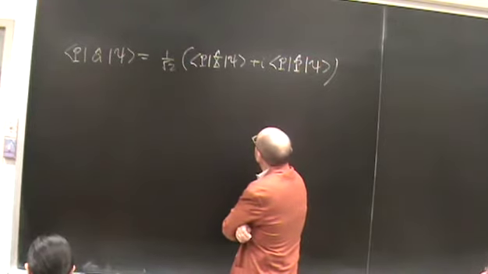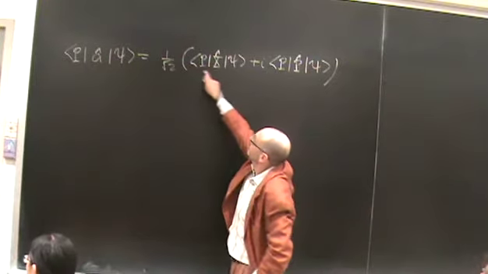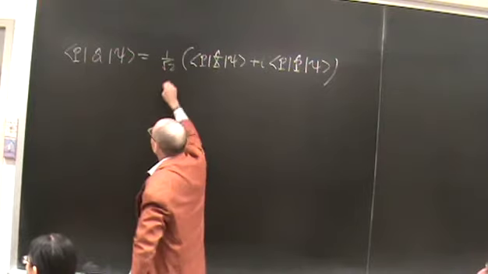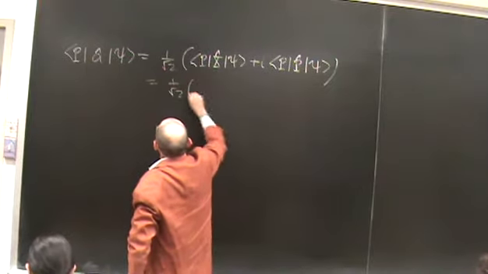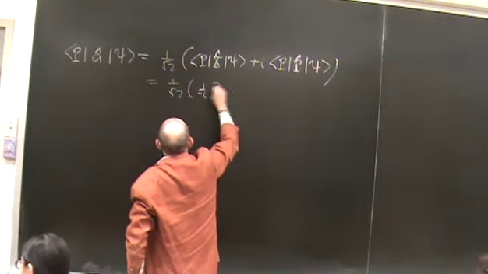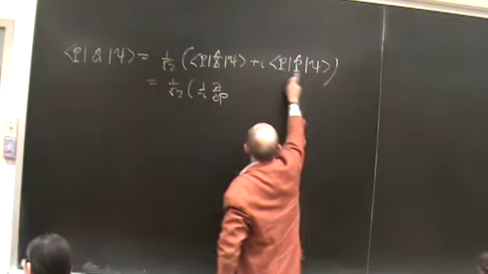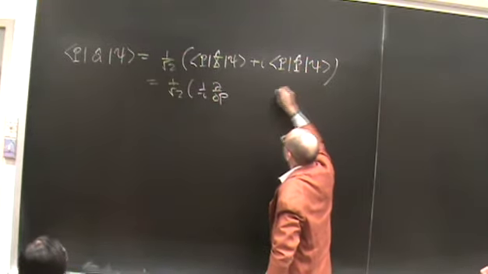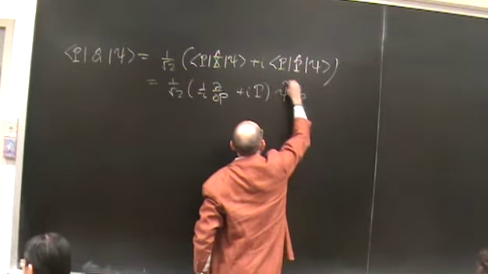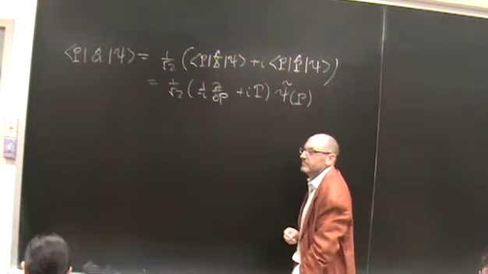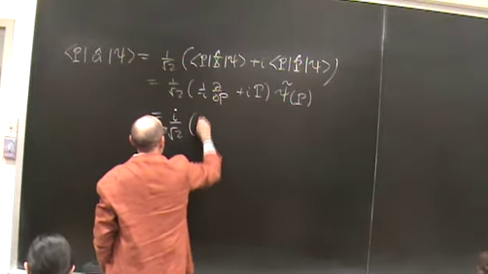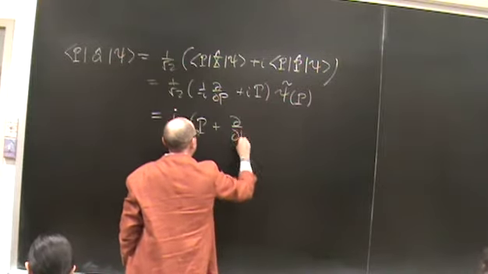And what do we get? What is this guy? It's got to be d by dp, and it's got some i's in there. You've got to think about it. It's 1 over root 2 times minus i d by dp. And then what is this guy? It's i times p. Thank you very much. Times the momentum space wave function. Okay. So in the momentum representation, this is i over root 2 times p plus d by dp.